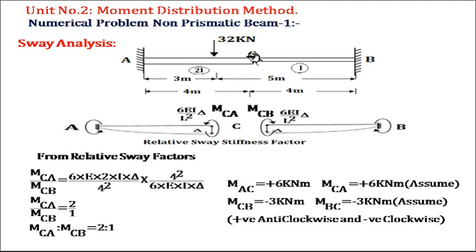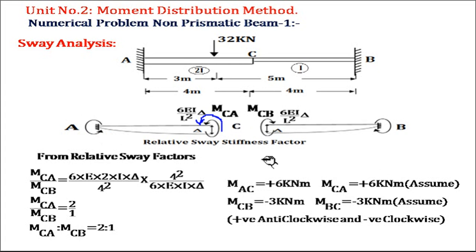So here at joint C, as the value of moment of inertia is changing, there will be a deflection. That deflection will be in the downward direction. So due to this deflection there will be a moment induced in member CA, and that will be in anti-clockwise direction. As in member CA it is anti-clockwise, in member AC it will also be anti-clockwise.